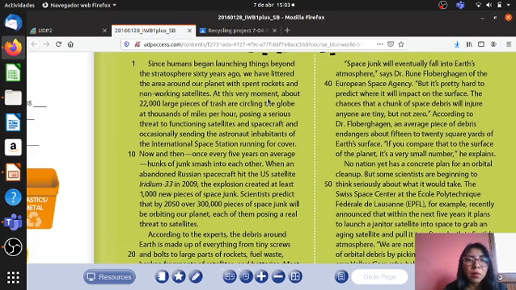At this very moment, about 22,000 large pieces of trash are circling the globe at thousands of miles per hour, posing a serious threat to functioning satellites and spacecraft, occasionally sending the astronauts in the International Space Station running for cover.